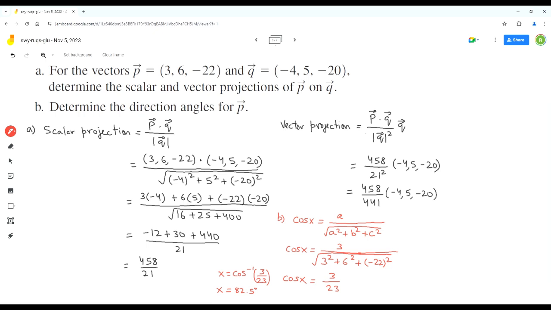Now we can find the angle it makes with y-axis, and for that we can use the direction cosine for angle y.